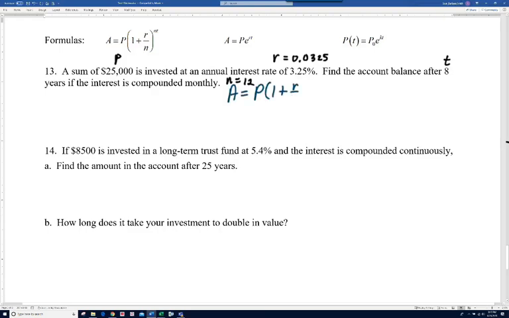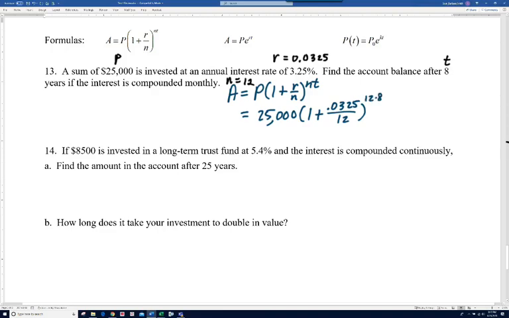Alright, so let me go ahead and write down the formula. And let's plug in our numbers. So P is 25,000 times 1 plus R, which is 0.0325, over N, which is 12. And then it'll be NT power, that's 12 times 8.